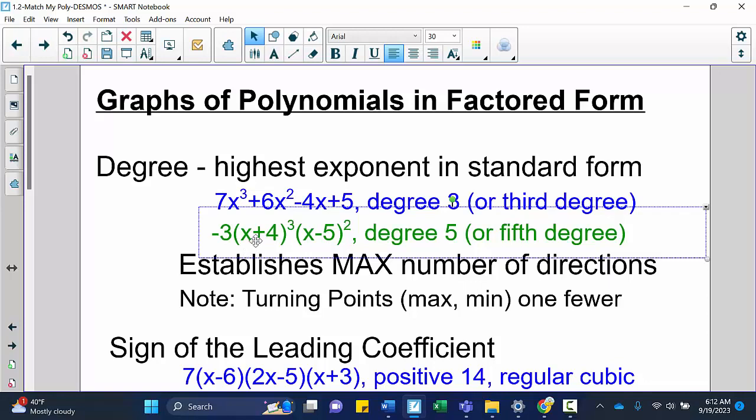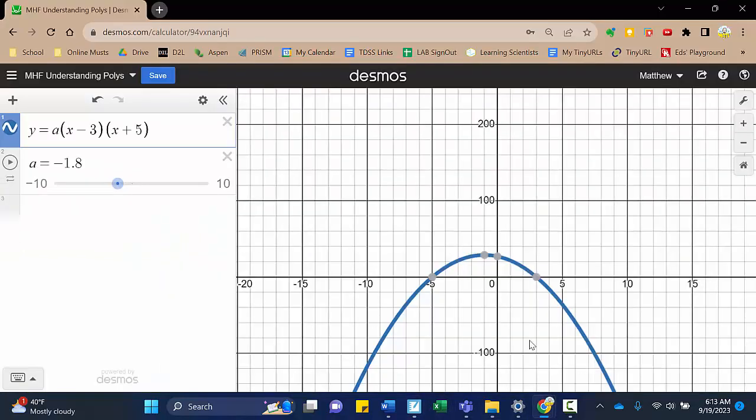My green equation here, if I did multiply this out, I would end up with -3x cubed, times x squared, so -3x to the 5th, along with, of course, a bunch of other terms. But the important one is that the highest power will be a 5, so I'll have a degree 5, or a 5th degree, or what we call a quintic function. I'll come back here in a second.